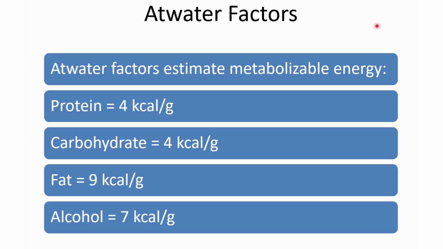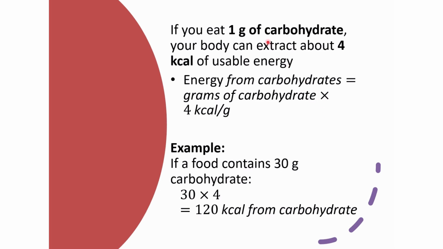To standardize how much energy the human body actually gets, scientists used Atwater factors. If you eat 1 gram of carbohydrate, your body can extract about 4 kilocalories of usable energy from it, either through cellular oxidation, such as glycolysis, Krebs cycle, and oxidative phosphorylation.